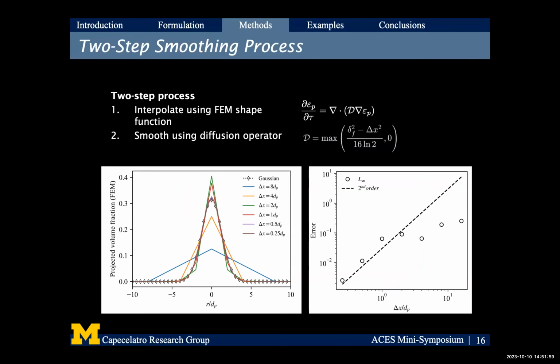What I'm showing here is a particle located on a mesh that's centered at 0. The blue line shows its volume fraction computed with a grid 8 times bigger than the particle diameter, and we can refine it all the way to much smaller than the particle, and now it's converging to a Gaussian with a prescribed width.